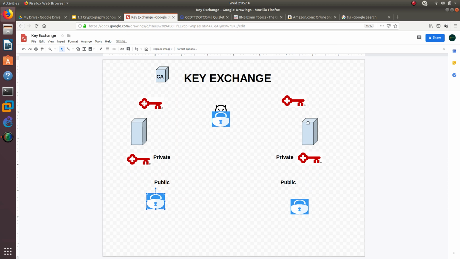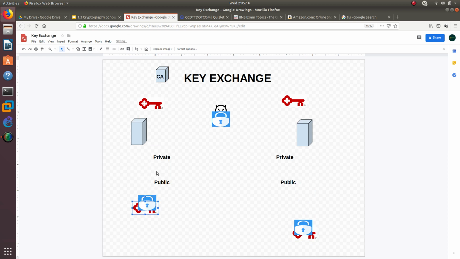So now I have its public key, so I can encrypt the data. When I encrypt the data with this server's public key, I send it over, and then it's able to decrypt it with its private key. And if it's going to send me something, it can use my public key that I have shared, and then I'm going to decrypt it with my private key.